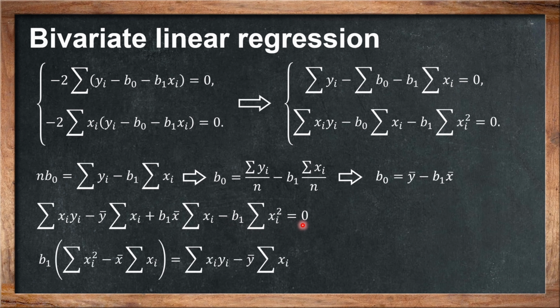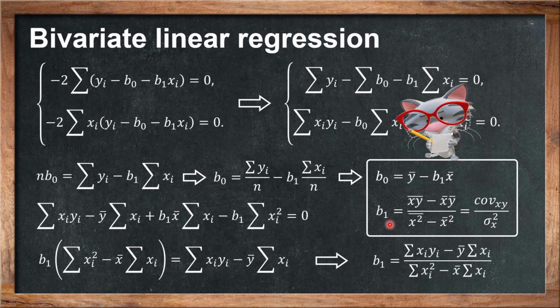If we simplify this expression a bit, we get the following thing. B1, and then in the parentheses we have the following expression. And these two terms we put in the right side of the equation. From this expression, it's very easy to get the analytical form for B1. It will look like this. And if we divide both numerator and denominator by n, we end up with an even simpler form.